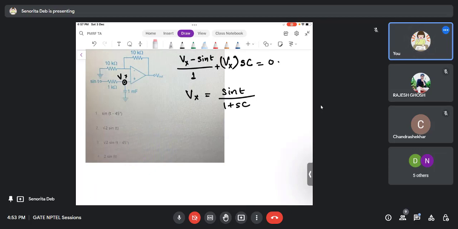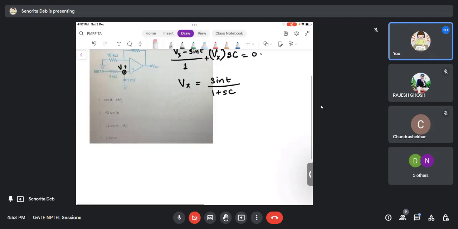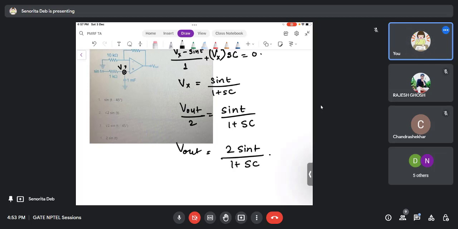Now if this is Vx, then V out by 2 equals sine t upon 1 plus SC. Now V out equals 2 times sine t by, now what is 1 plus SC? Did I miss something?